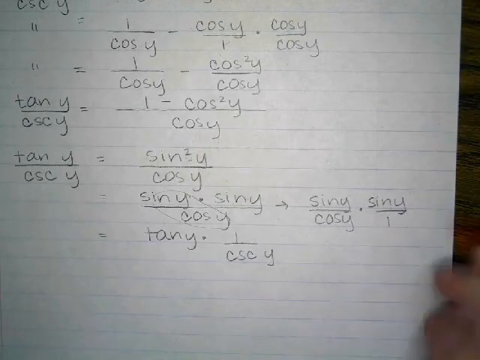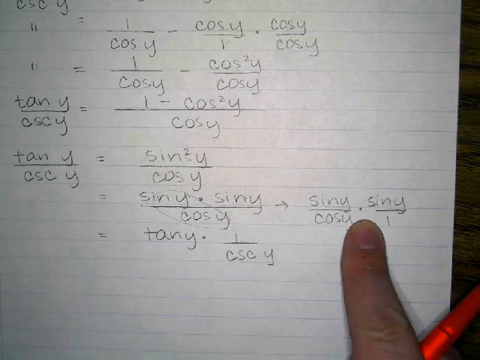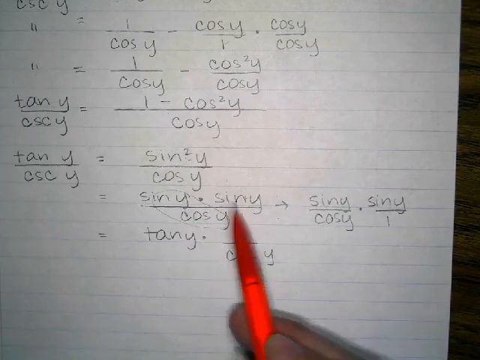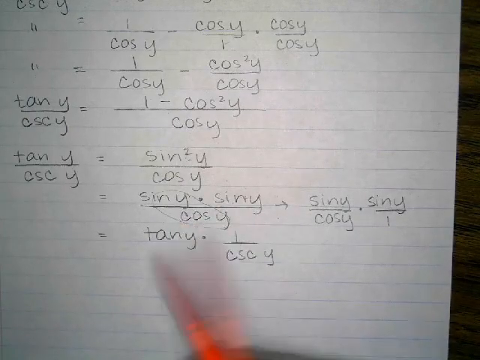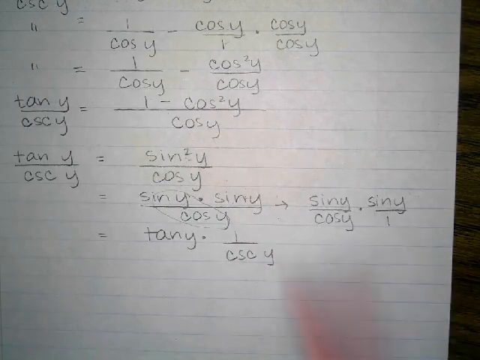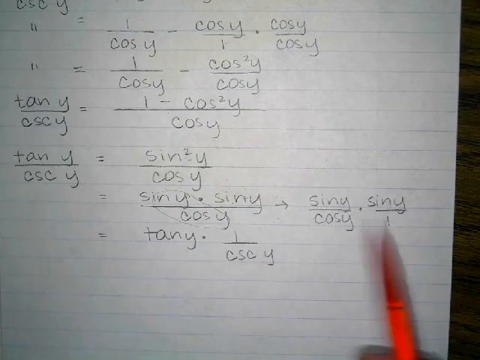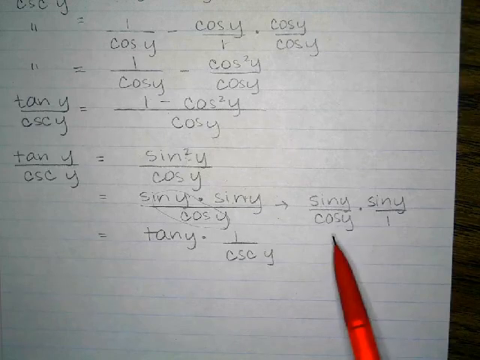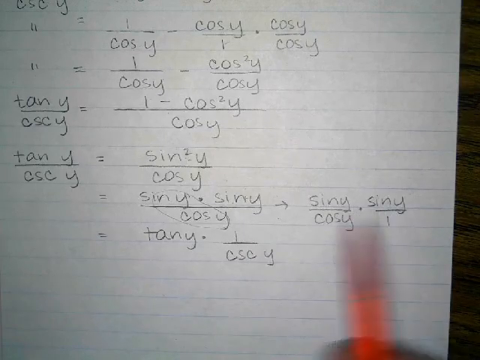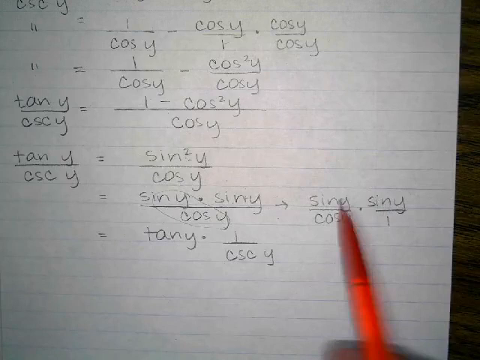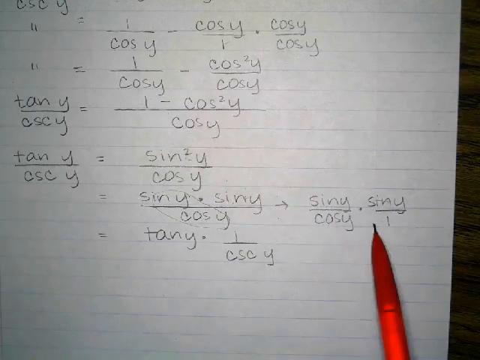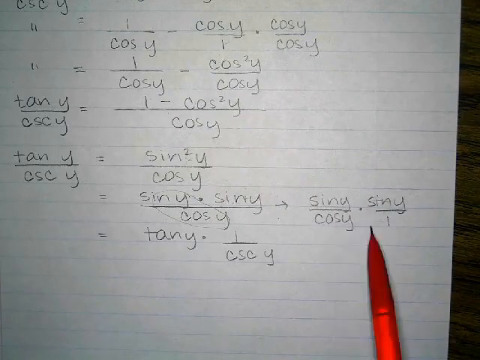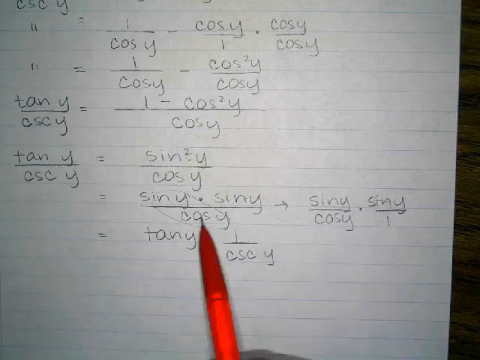But the way that multiplication of fractions works is you just multiply the top fraction by the bottom fraction, and so you can split fractions with multiplication really easily. If you had two fractions multiplied together, you would just multiply the tops and multiply the bottoms, which means that if you're undoing fraction multiplication, it's really easy to just split things apart.